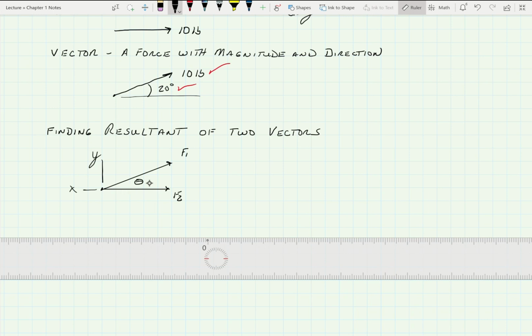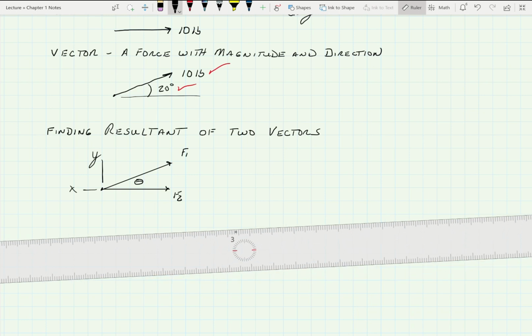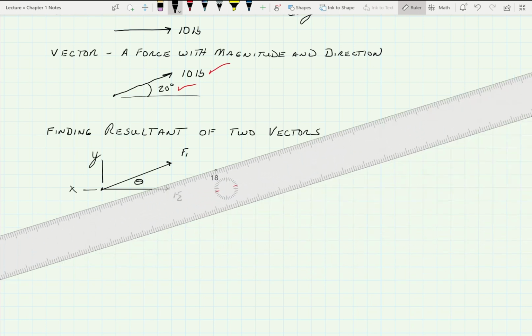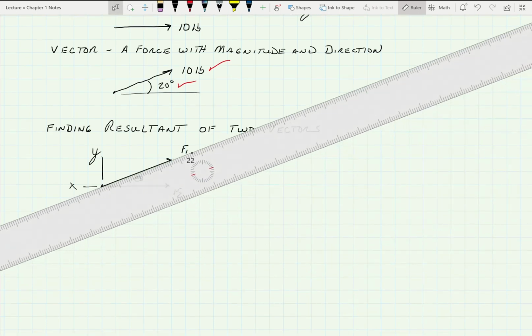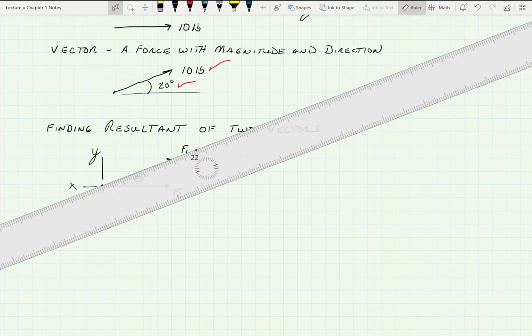Now, it doesn't matter. We can find the resultant for this if we know what this angle is through trigonometry, but the easiest way to do this is the parallelogram law, which means I'm going to take that and measure the distance. So we're going to do 1, 2, 3.3.